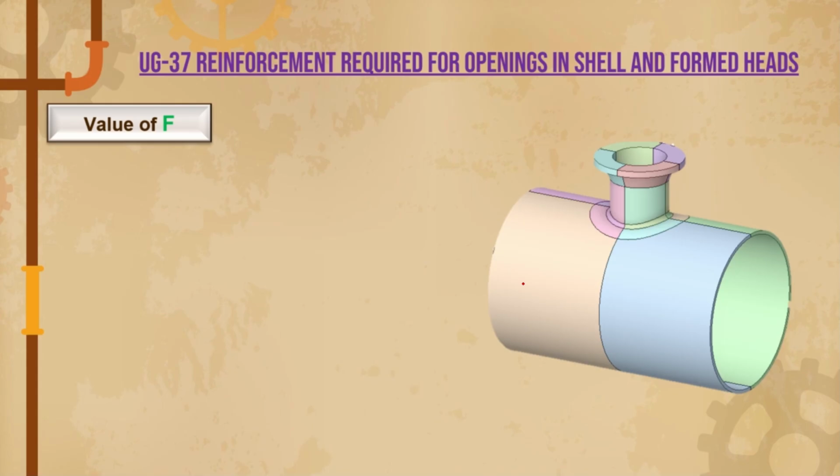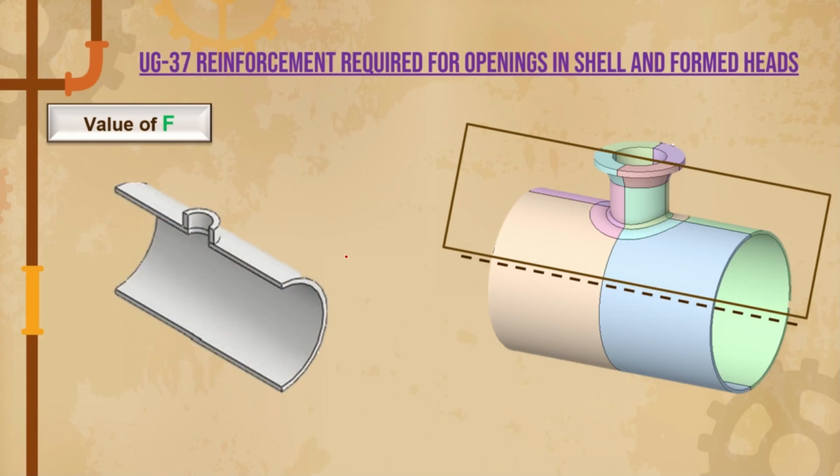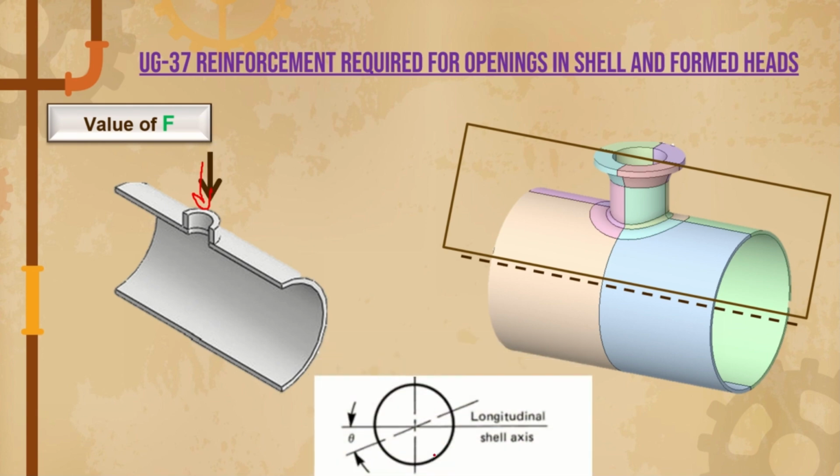If we cut the vessel through the longitudinal plane, so this is the vessel axis, then we can see how the nozzle looks. If we cut like this, this is the cut portion. This is the shell and this is the nozzle. If we observe from the top side, how does this look, guys? It looks like a circle, right?